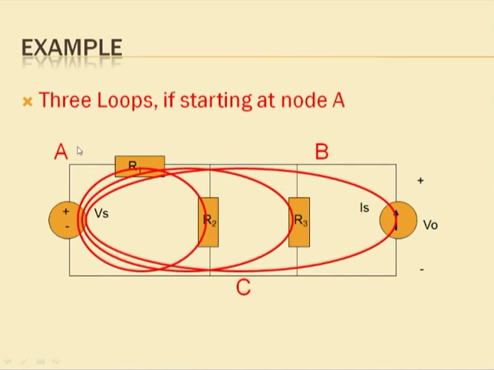Obviously, the potential or voltage of node A is more than the potential of node C, because A is connected with the positive and C is connected with the negative polarity of the voltage source Vs. So if I am moving from C to A, a voltage rise will be there.